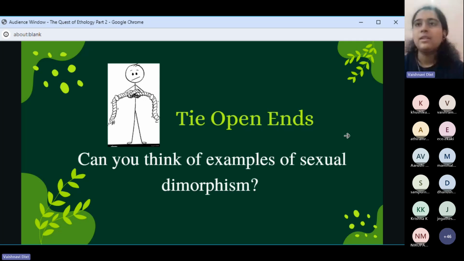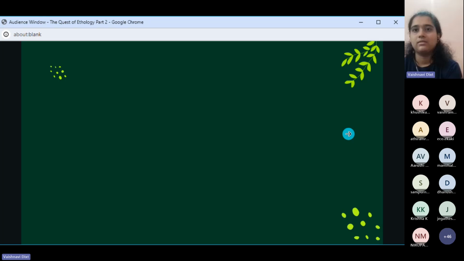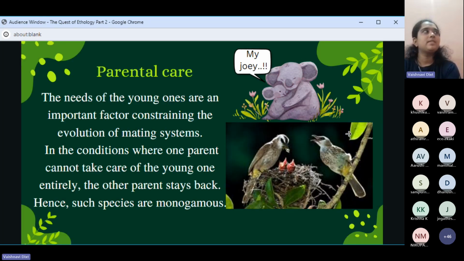So now let us see why these mating systems arise. As I said, all of this lies in parental care. Basically, the needs of the young one are a very important factor here. Suppose one of the parents cannot take care of the young one all by itself.